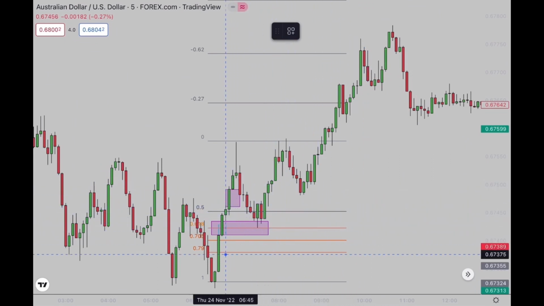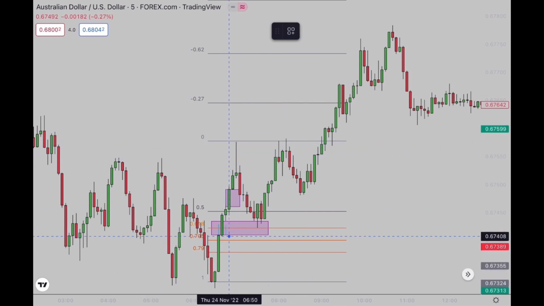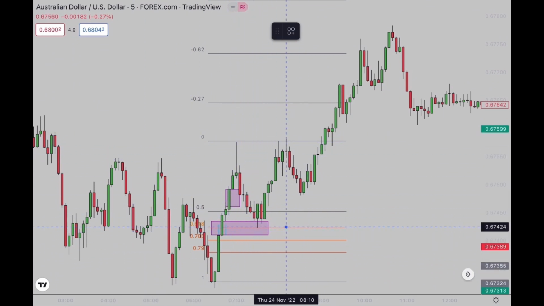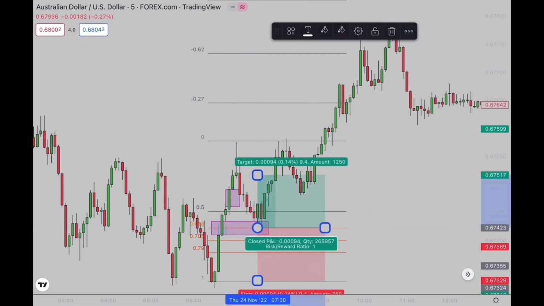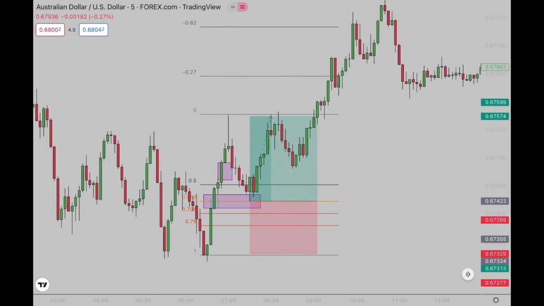Okay, so right here we create a range, a displacement range. We come back down, and it touches the 0.618 level point perfectly. It's absolutely perfect. You couldn't be any more right than this.